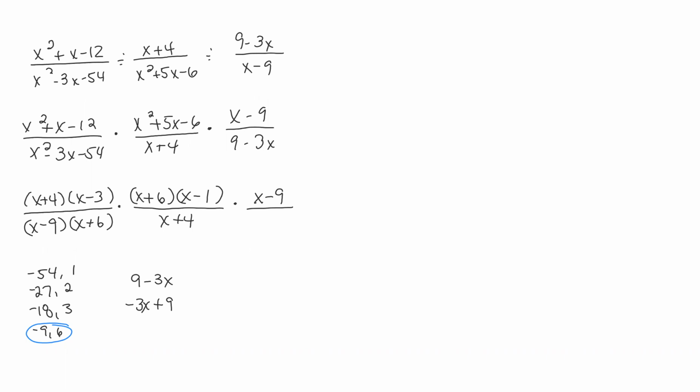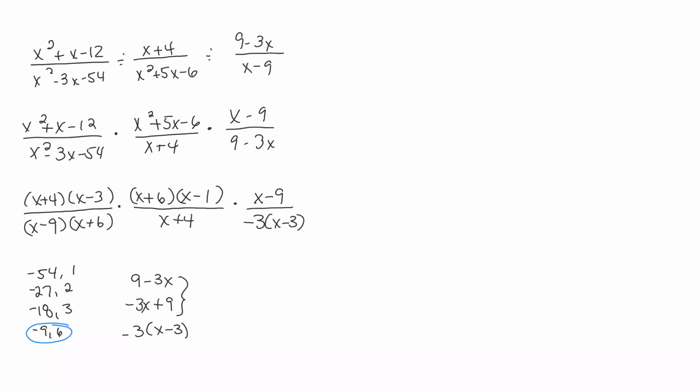So what do we do? We factor out a GCF, but we want to make sure that GCF is negative. So we factor out a negative 3, and that leaves us with x minus 3. So this last denominator is negative 3 times x minus 3. And you do have to go through the motions, okay? You have to put it in standard form and then look for a GCF. And remember, if your lead term is negative, your GCF has to be negative.